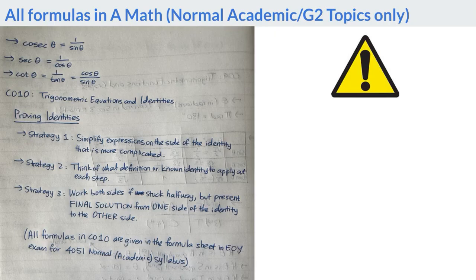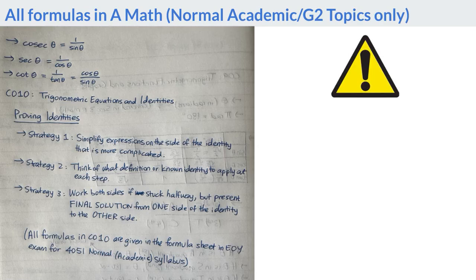Cosecant theta is 1 over sine theta, secant theta is 1 over cosine theta, and cotangent theta is 1 over tangent theta, or cosine over sine. If you don't know, you can still refer to your book. Always refer to your book if you do not get my explanation yet, because my explanation goes only this far.